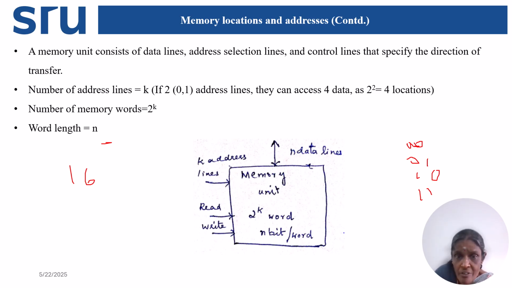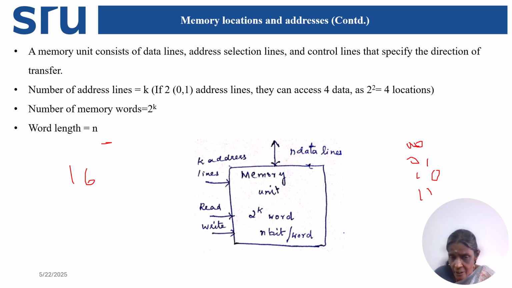That is why from the memory unit the data flow direction is bidirectional. And anytime a word is to be taken from the memory unit, definitely the address of the location of that particular word should be given. That is what the k address lines are for. So the address of the data will be sent on this line.